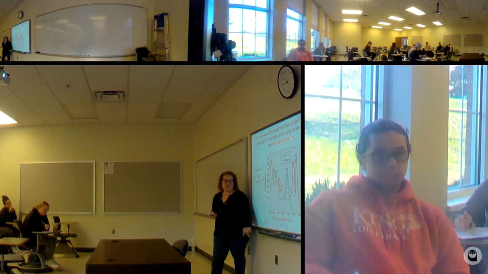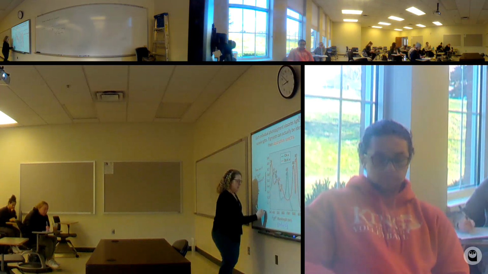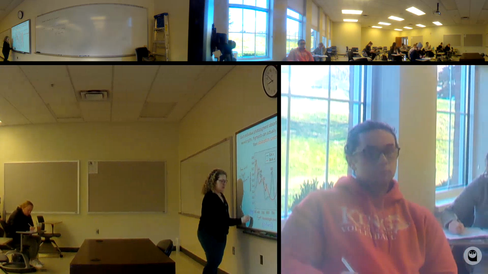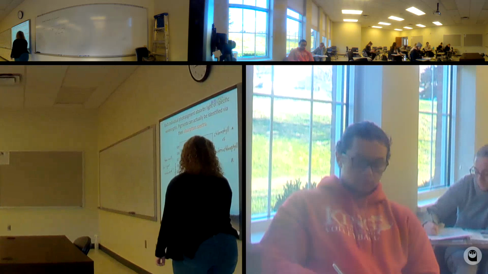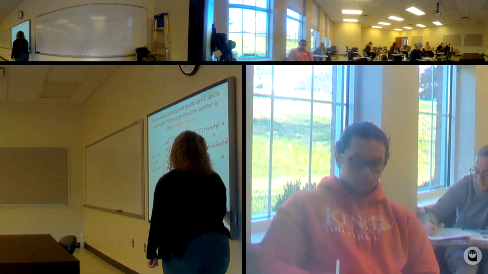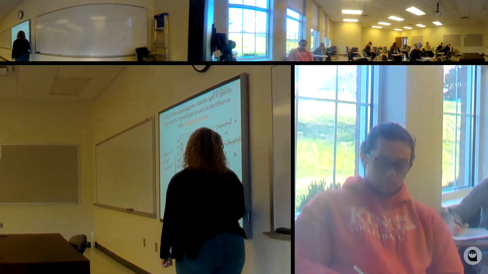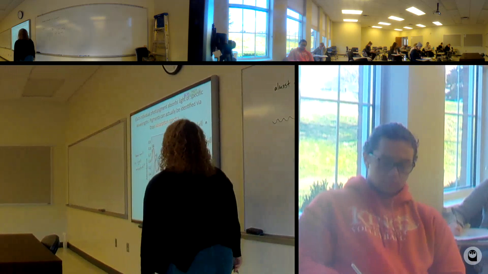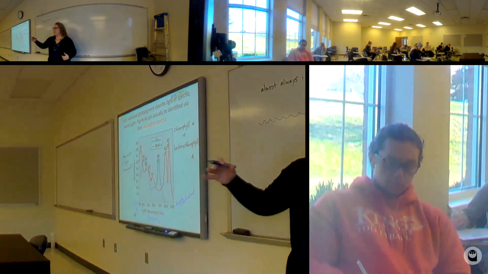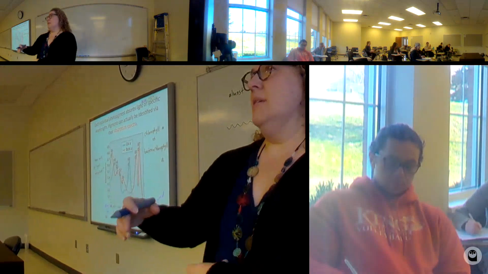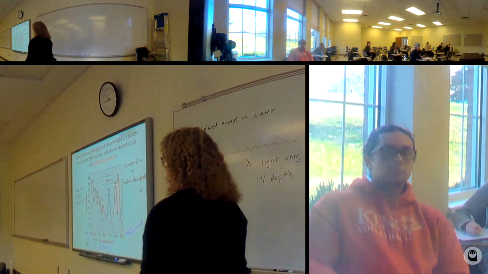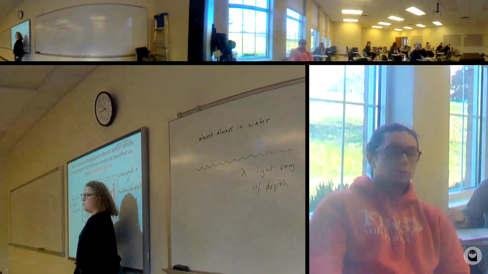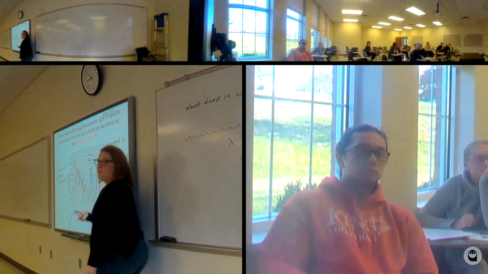So the shorter wavelength light is closer to blue/UV. This end up here is closer to red or infrared. So red color of light has a longer wavelength. Blue color of light has a shorter wavelength.